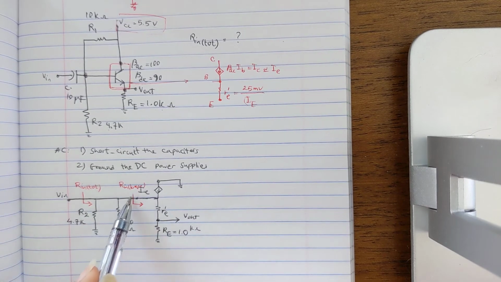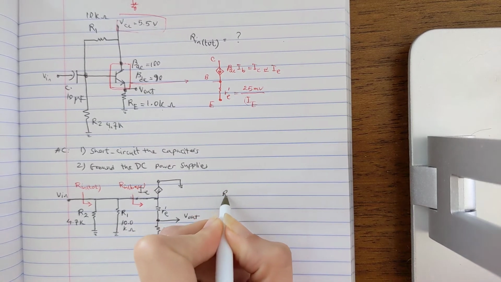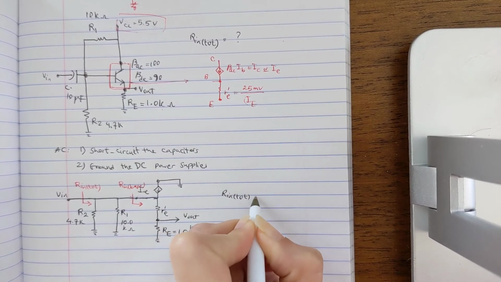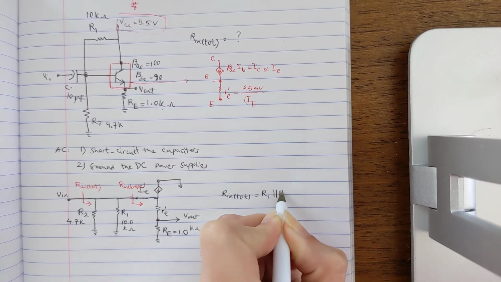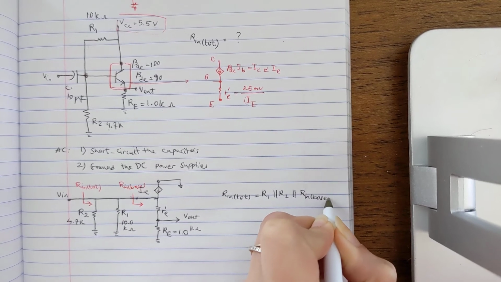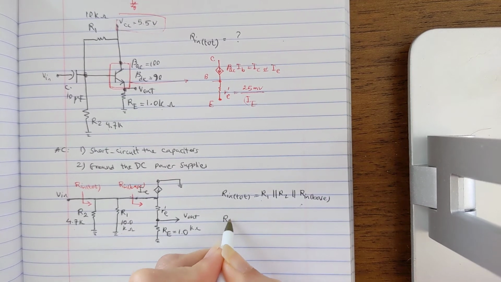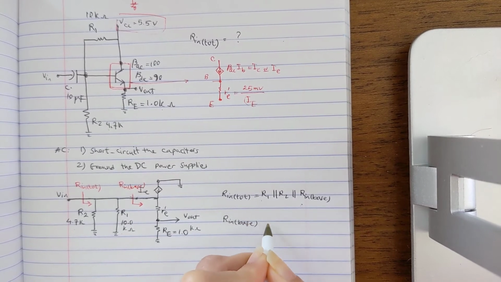R in base is whatever resistor we see from the base of the transistor onward. So let's write that down. R in total is R1 in parallel with R2 in parallel with R in base. R1 and R2 are given through the circuit. What we have to calculate is R in base.